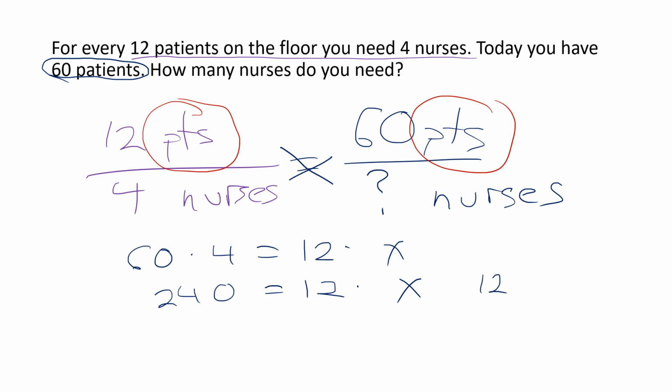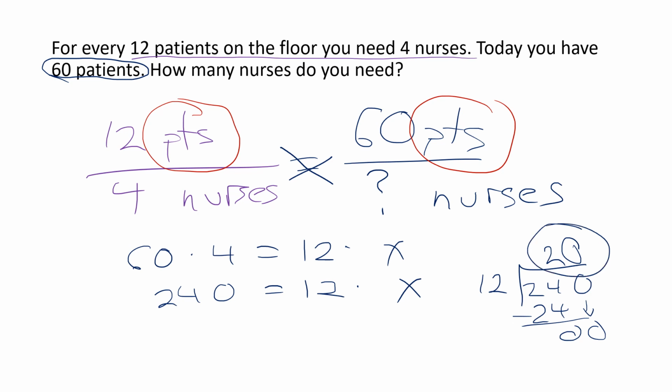How many times does 12 go into 240? Well, 12 goes into 24 twice, because 12 times 2 is 24. Subtract and get 0, bring down our 0. 12 goes into 0 0 times. So for all our 60 patients, we need to go find 20 nurses to keep them all corralled and in line.